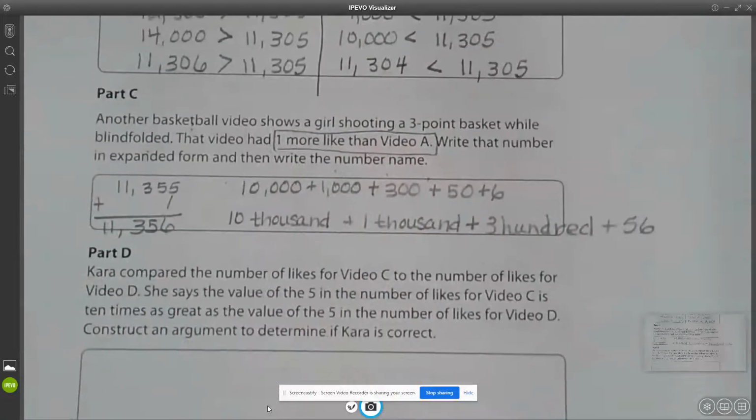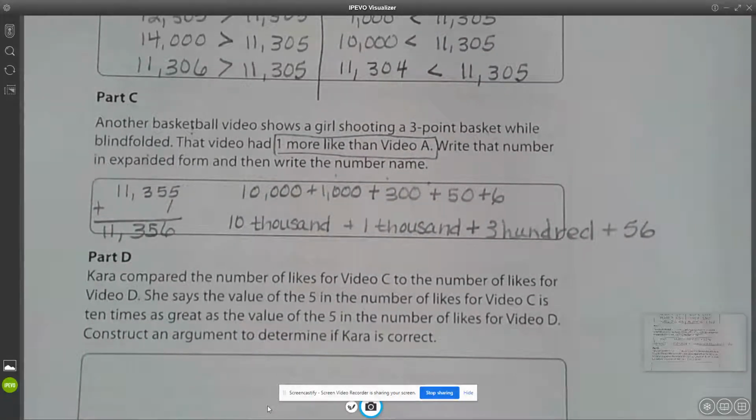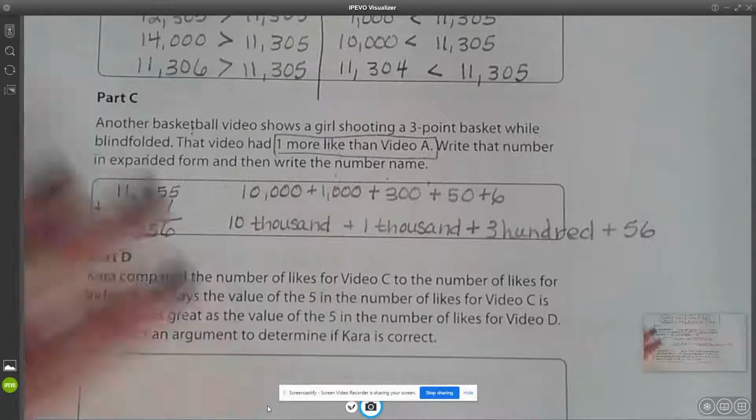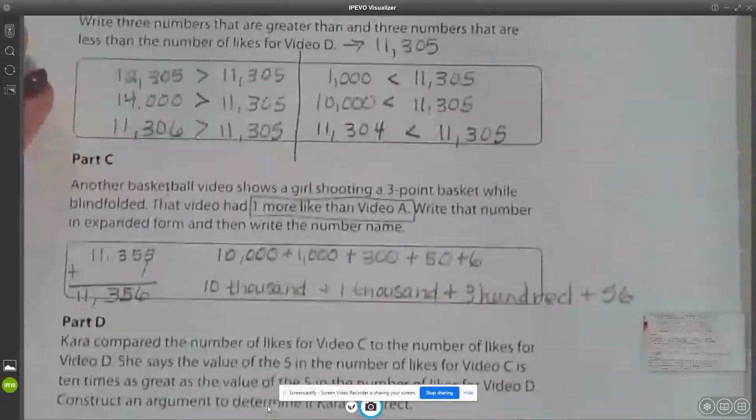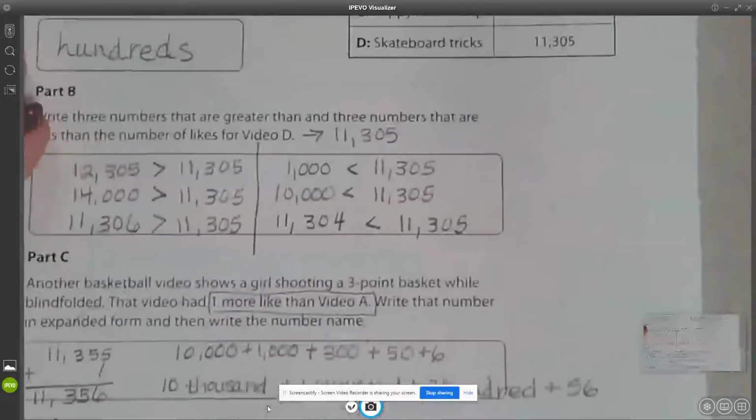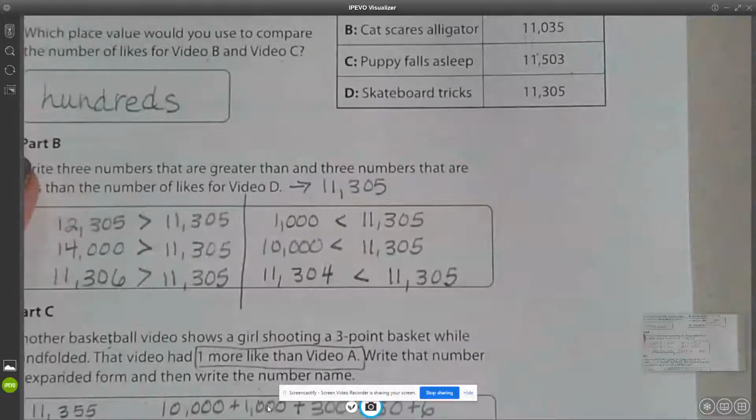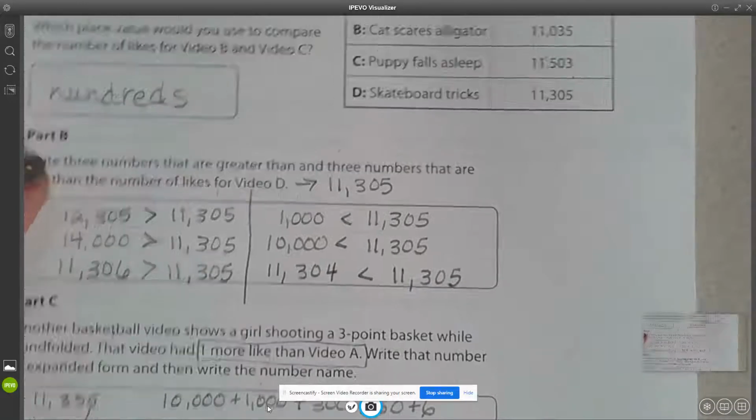All right, part D. Kara compared the number of likes for video C to the number of likes for video D. She says the value of the 5 in the number of likes for video C is 10 times as great as the value of the 5 in the number of likes for video D. Construct an argument to determine if Kara's correct. So let's look at C and D. C has 11,503 and D has 11,305.